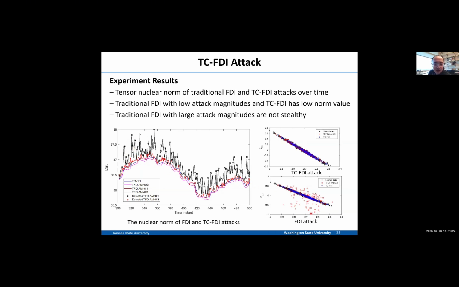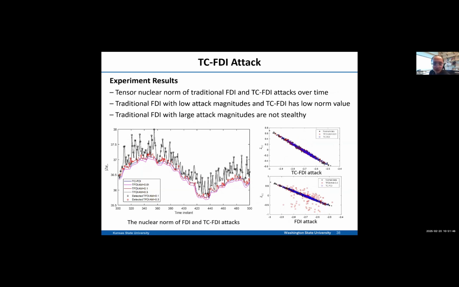And when the traditional attack and our proposed attack are projected to the 2D space, we can see that our proposed attack is still located inside the normal cluster, but the traditional attacks are located everywhere outside the cluster and can be detected by the machine learning detectors.